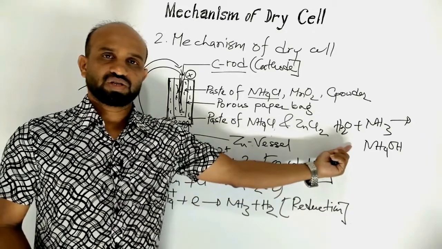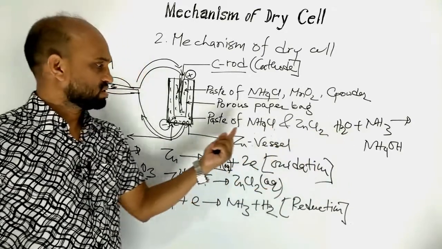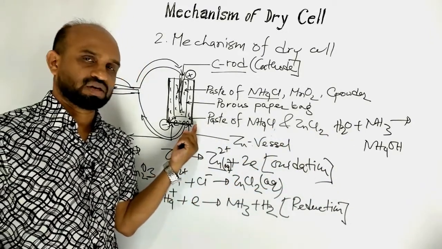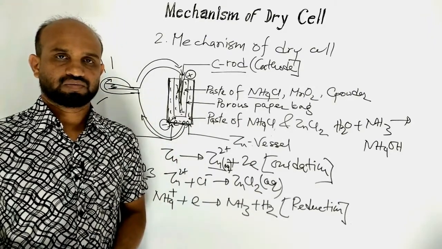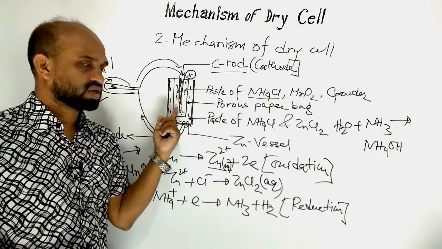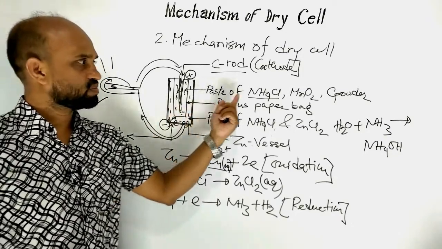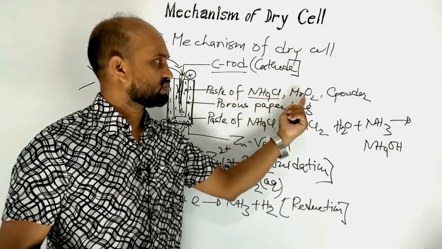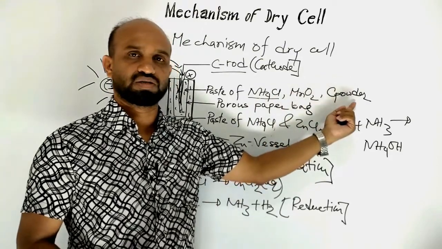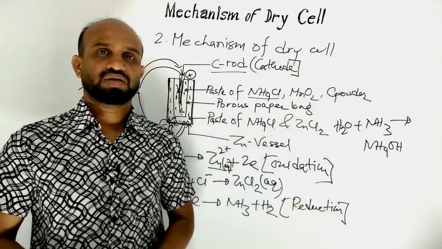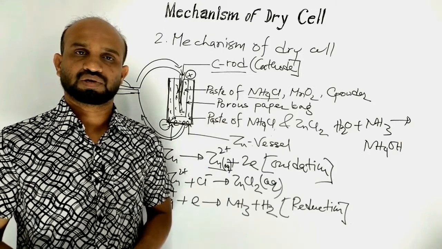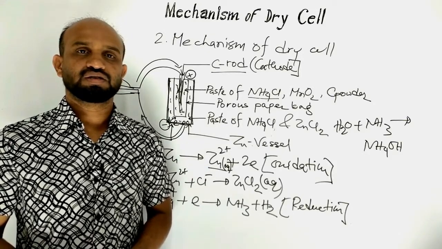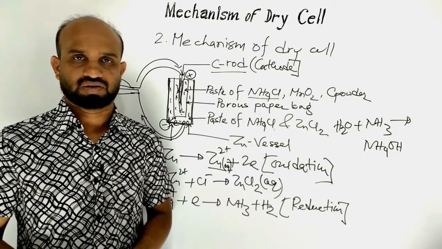Because of the formation of water, this dry cell becomes wet gradually, and in the dry cell, inside the porous bag, paste of ammonium chloride, manganese dioxide and carbon powder is used. Carbon powder increases the surface area of carbon rod, that increases the conductivity of electricity.